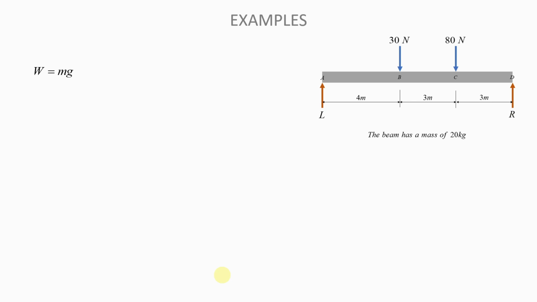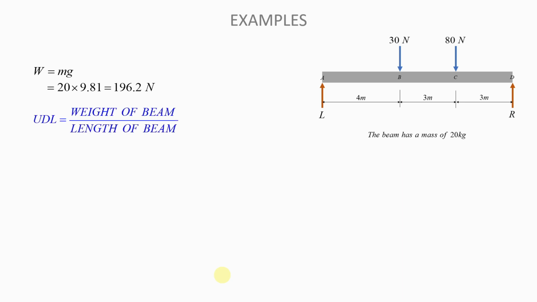So the beam has a mass of 20 kilograms. We know that weight is equal to mass multiplied by g. So if we do 20 times 9.81, we get that the weight of this beam is actually 196.2 newtons.